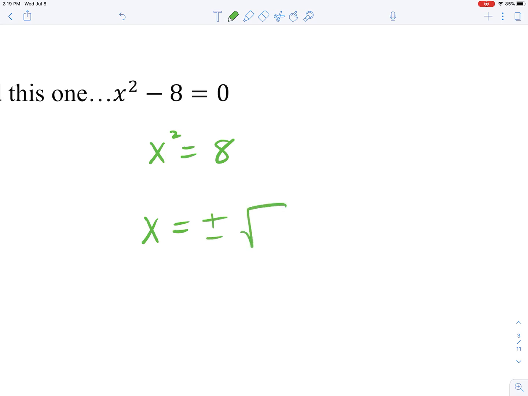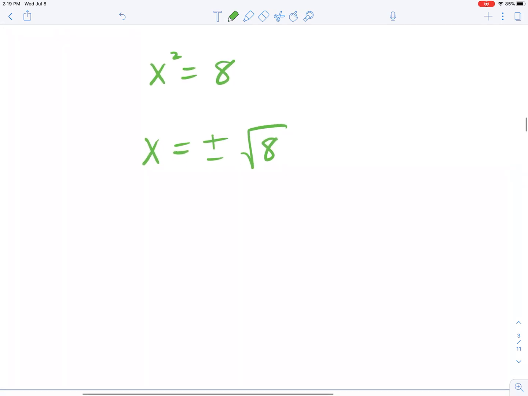And we'll do one more before we move on to completing the square. So isolating the x squared on one side of the equation. Okay, applying that square root property, x would be equal to plus or minus the square root of 8. 8 is not a perfect square, meaning there's not a whole number that when multiplied by itself would give us 8.